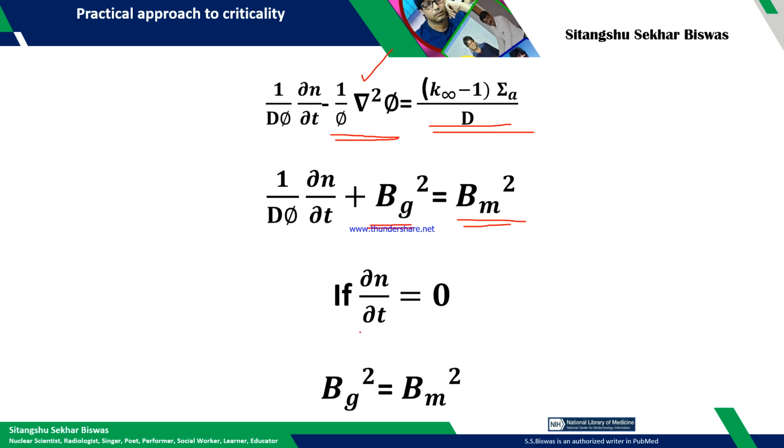So this is the condition for criticality: dn by dt should be 0, and these terms will be cancelled out, and your geometric buckling should be equal to the material buckling. This is the very common statement that for the criticality of a nuclear reactor, the geometric buckling should be equal to the material buckling.